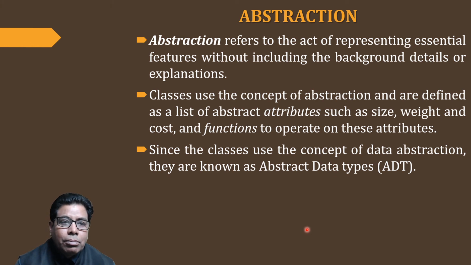Classes use the concept of abstraction, and here the list of attributes is given, such as size, weight, cost, roll number, and functions to operate on these attributes. Since classes use the concept of data abstraction, they are also called abstract data types.